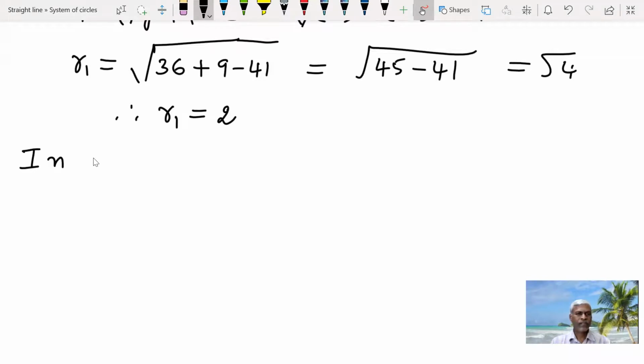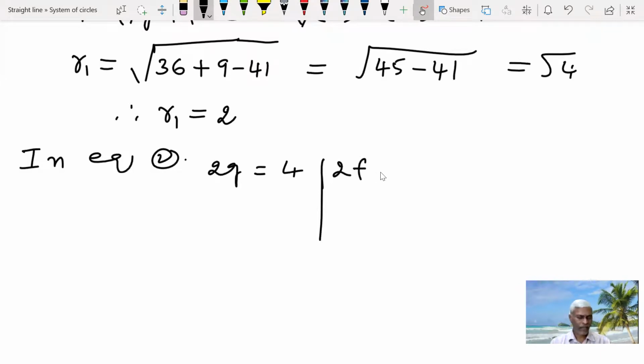Now in equation 2, the second equation, 2g value is 4, that is the x coefficient. 2f value is 6 and constant is 59.